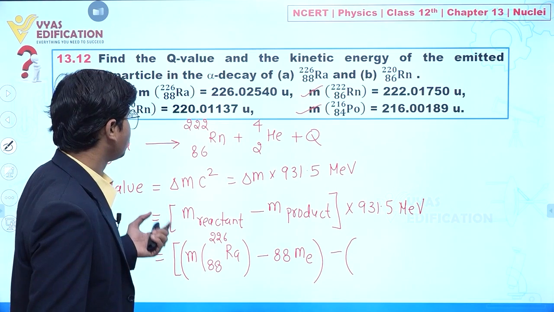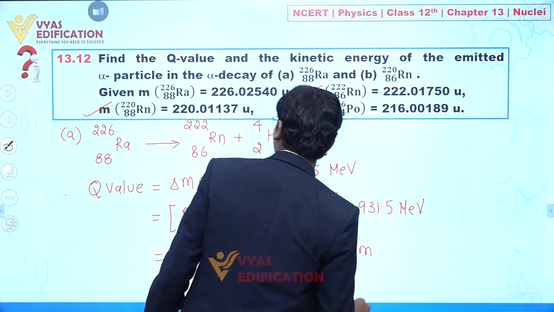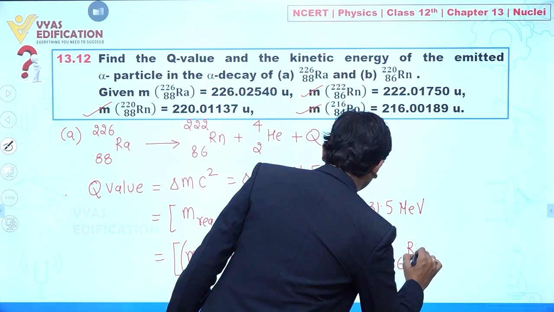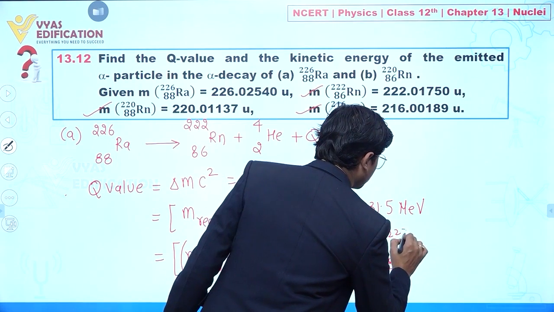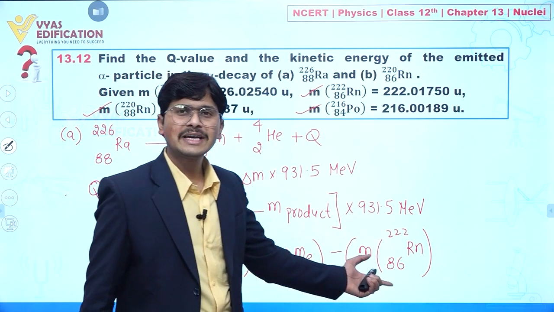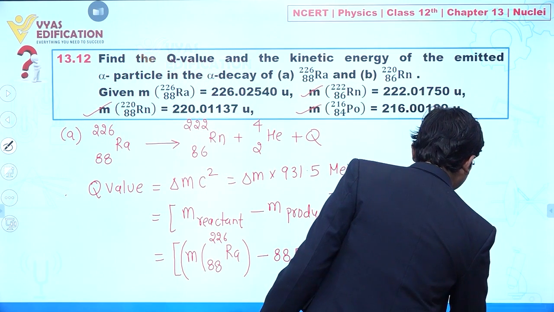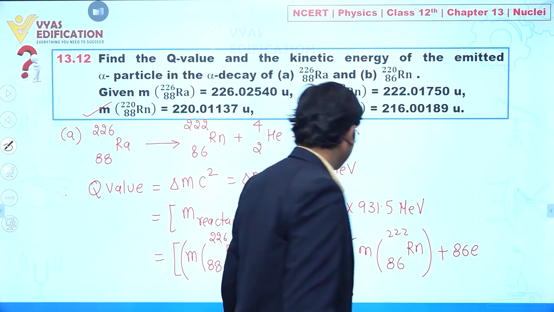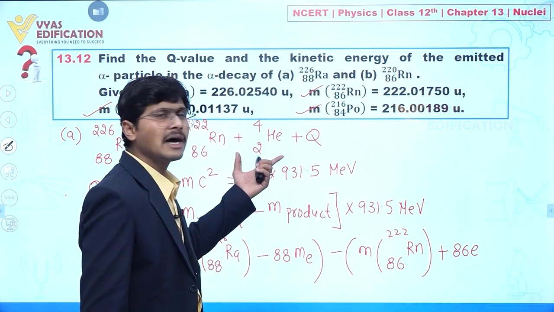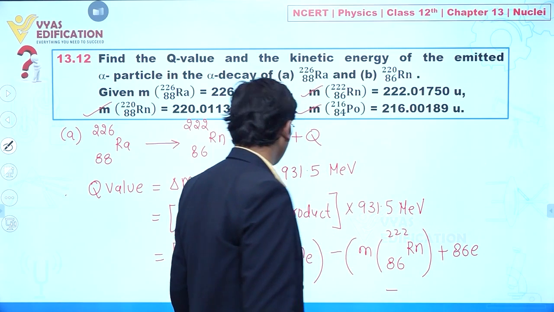So the mass of product is m of 86 radon 222. Then definitely we have 86 protons and 86 electrons, so directly we can write plus 86 electrons. Clear? Now we have one more product, and what is that product? We have the alpha particle, so we can write this is equal to minus.